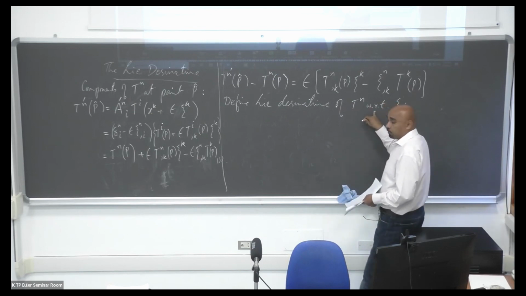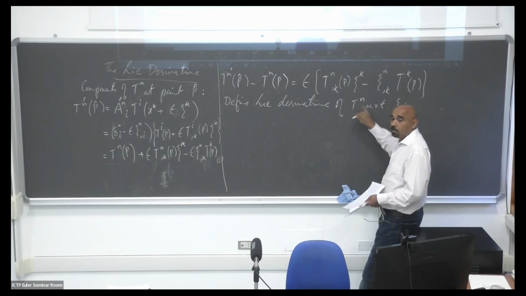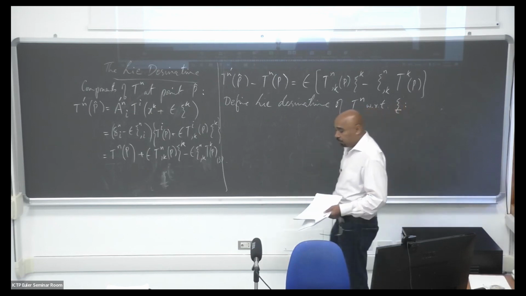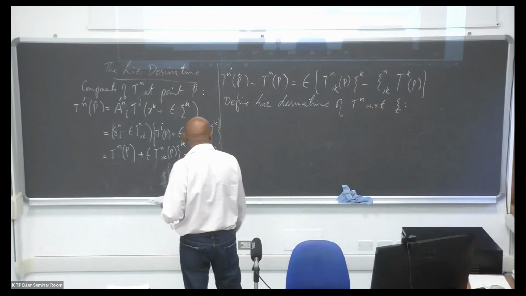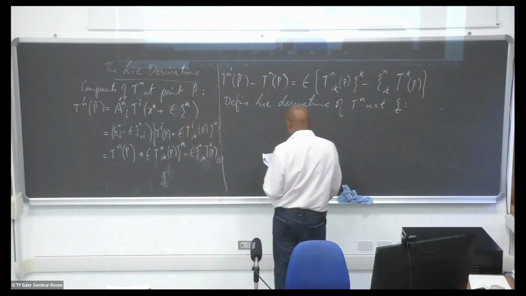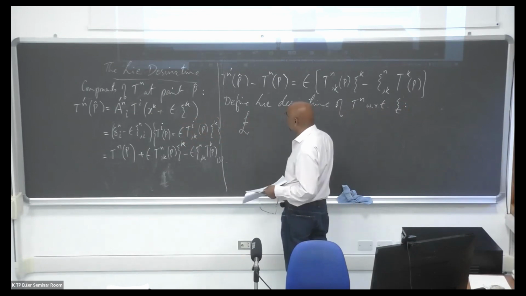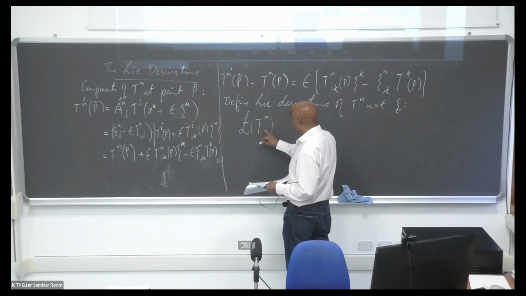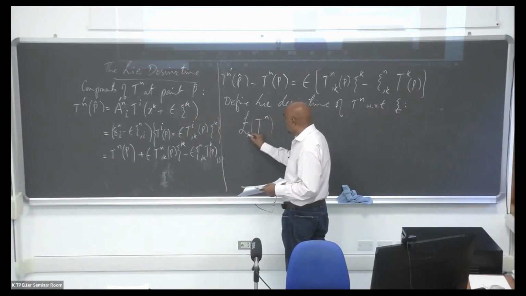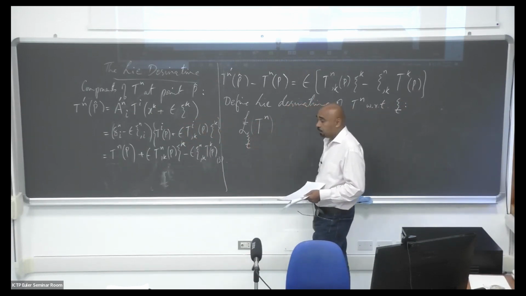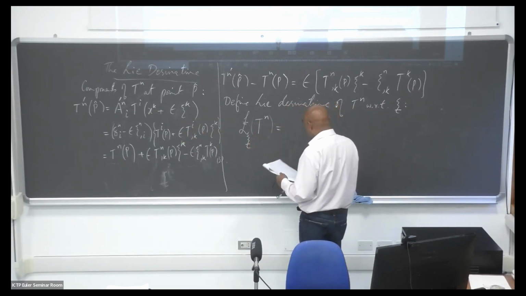So relative to xi, or with respect to xi, or in the direction of xi, people call it by different phrases, but it is represented by this italicized L with the object for which we are taking the Lie derivative, and here in the subscript we write the vector along which we are taking it.